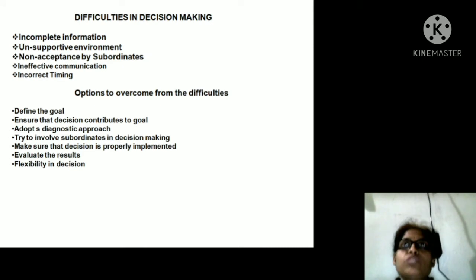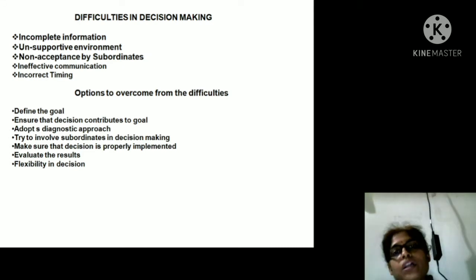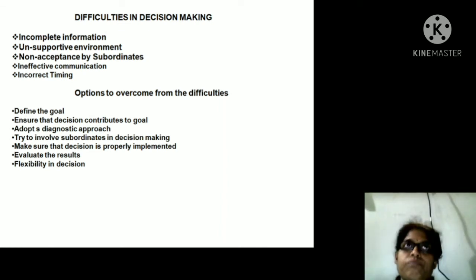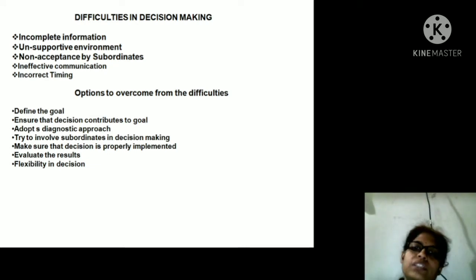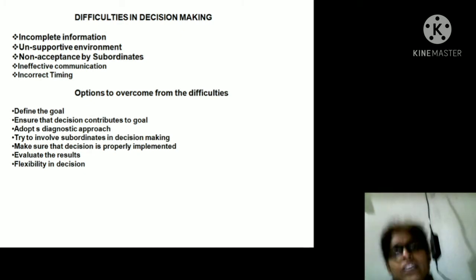There were 6 to 7 steps: how the problems are diagnosed and defined, then second, the problem is analyzed, then the third, fourth, fifth steps, at the sixth step the actual decision is made, and lastly the follow up for that decision. So these are the steps involved in decision making.